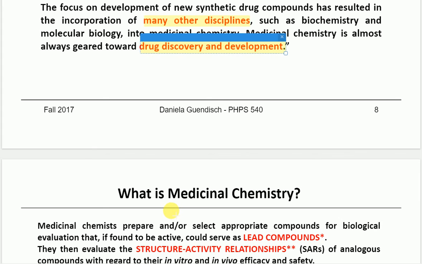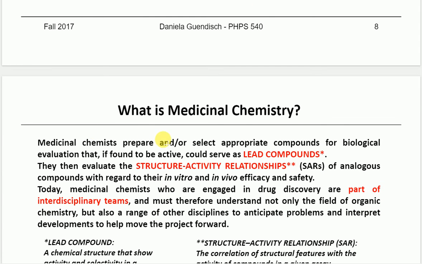So what is medicinal chemistry? Medicinal chemists prepare and or select appropriate compounds for biological evaluation that, if found to be active, could serve as lead compounds. They then evaluate the structure-activity relationships, SARs, of analogous compounds with regards to their in vitro and in vivo efficacy and safety.